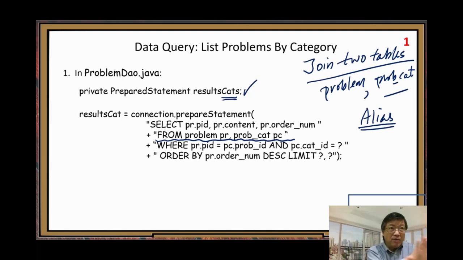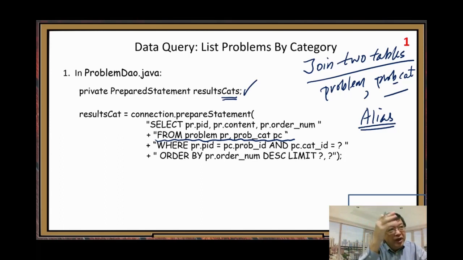And we don't want to type a long name, so we just type a short name, PR, the alias, comma, the second table, prob_cat, you use alias PC. All right, so these two tables join.